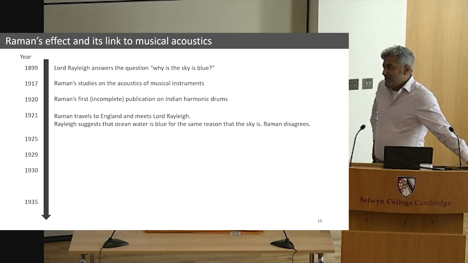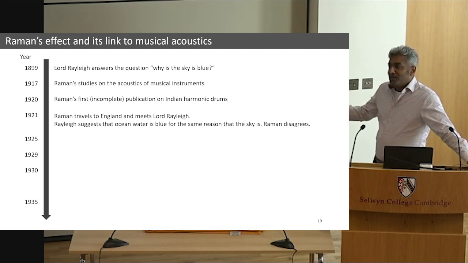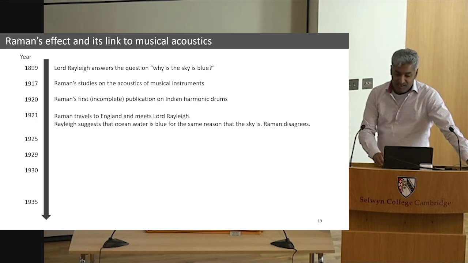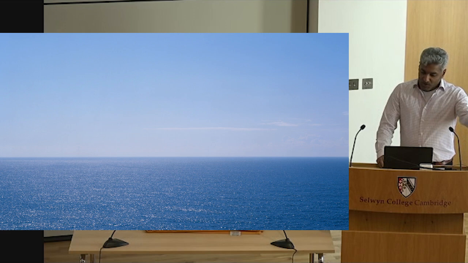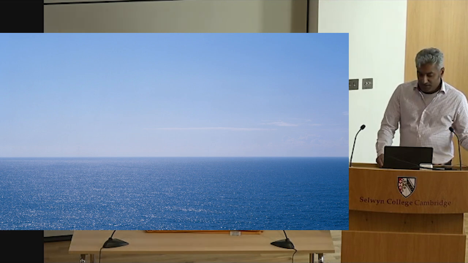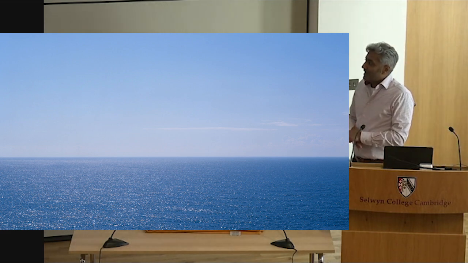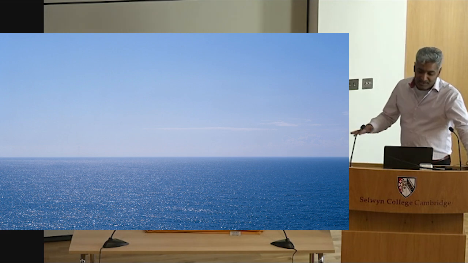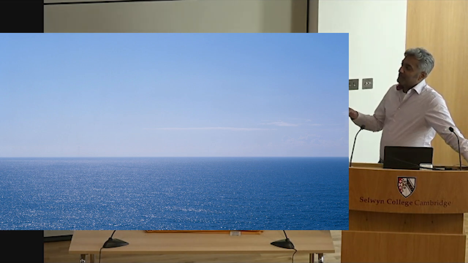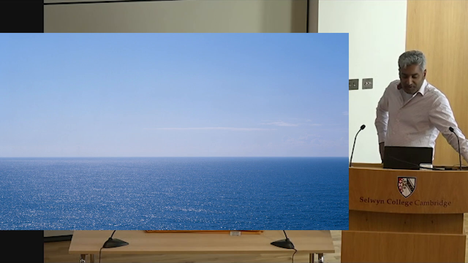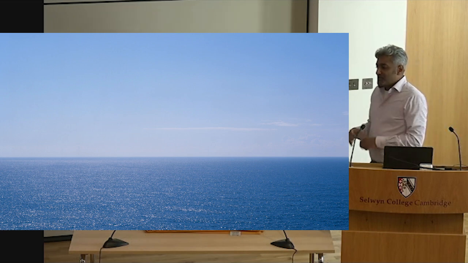Now, Raman disagrees because Raman really believes that he saw the oceans being deeper blue. So in 1921, he travels back after this meeting to India, staring out at the oceans. And it seems to him the oceans have a deeper hue of blue compared to the sky, and he starts to think about why this might be.